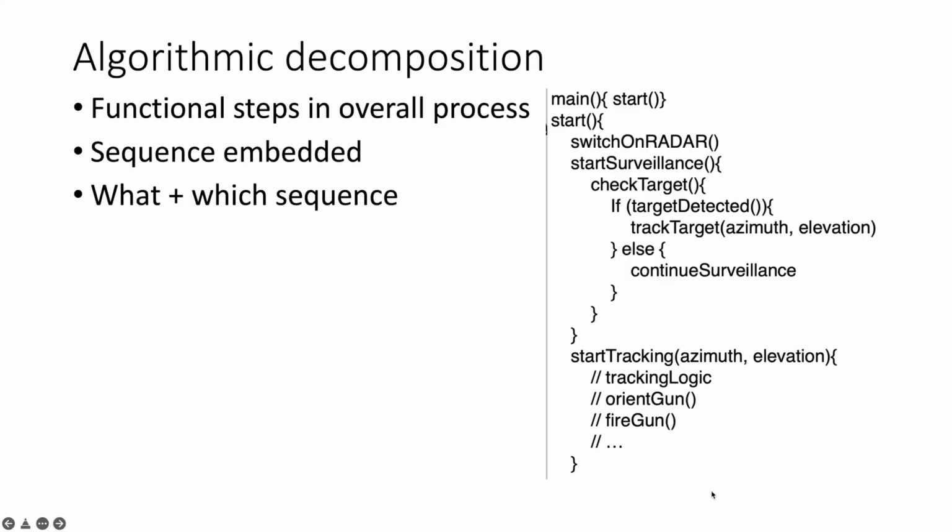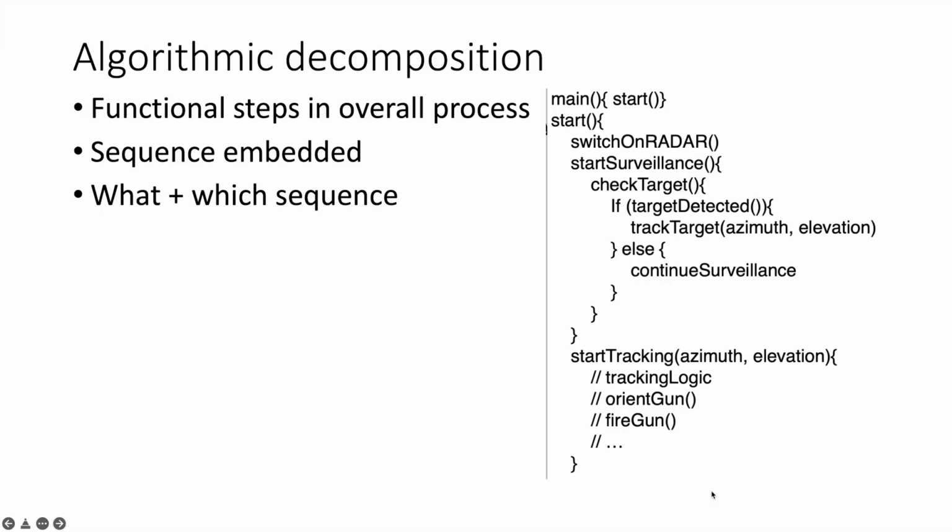About our example, if we see the radar and the gun, these two things were working together, and suppose for this small fragment of a functionality, we want to do the decomposition, because finally we are going to develop this system, so we need to do the decomposition.